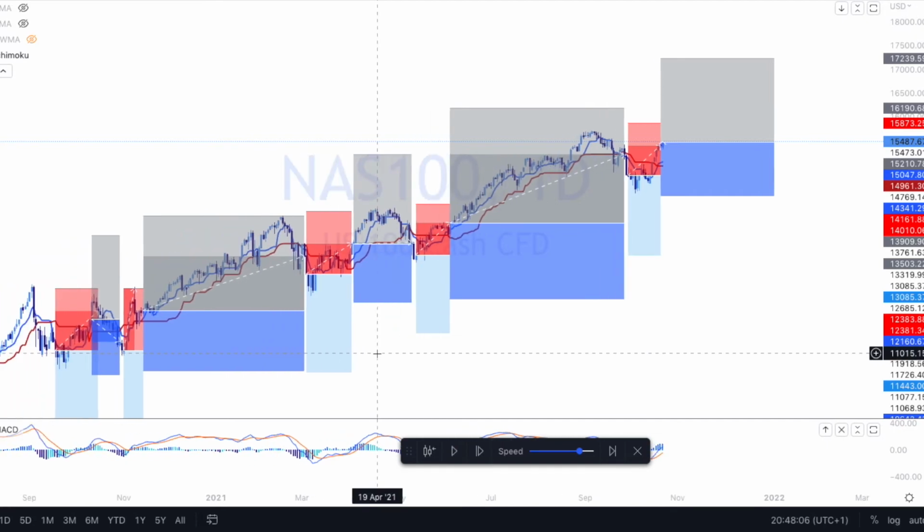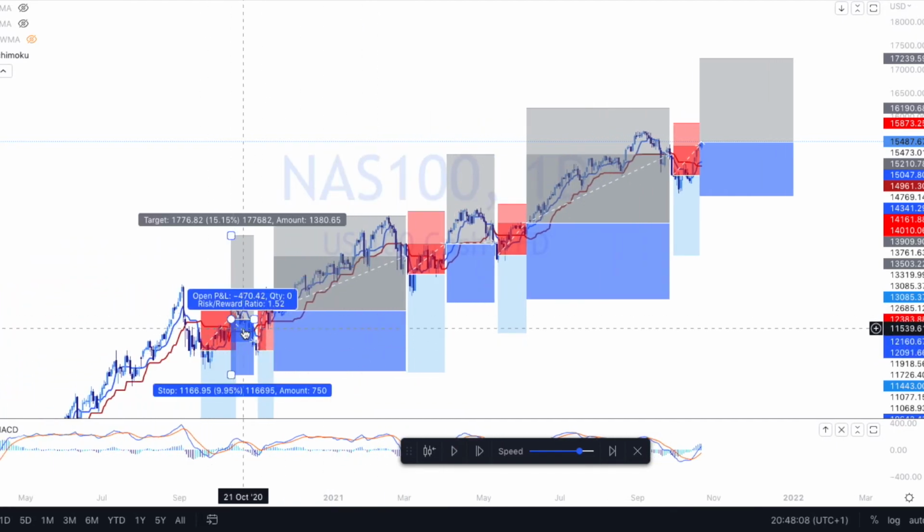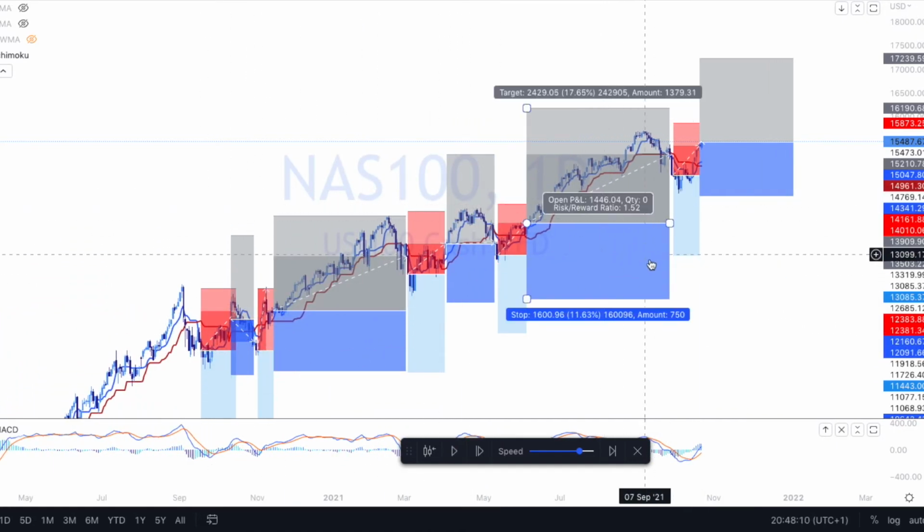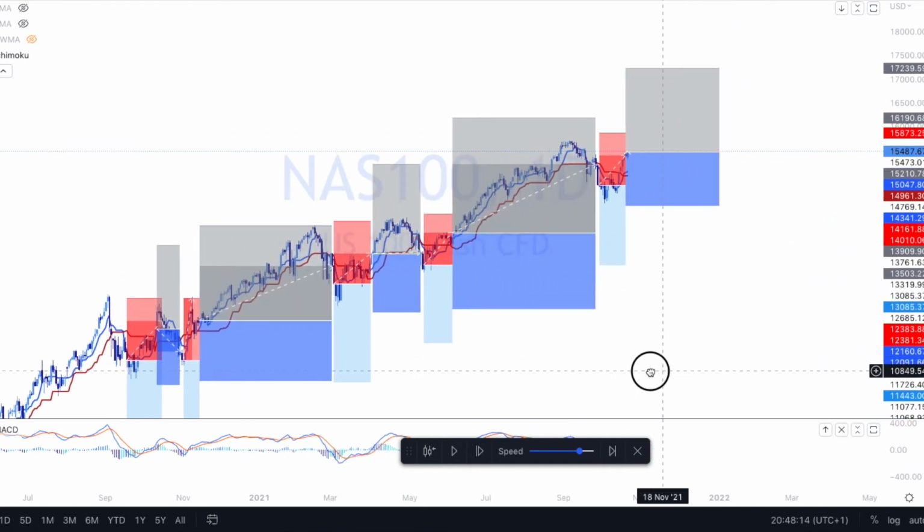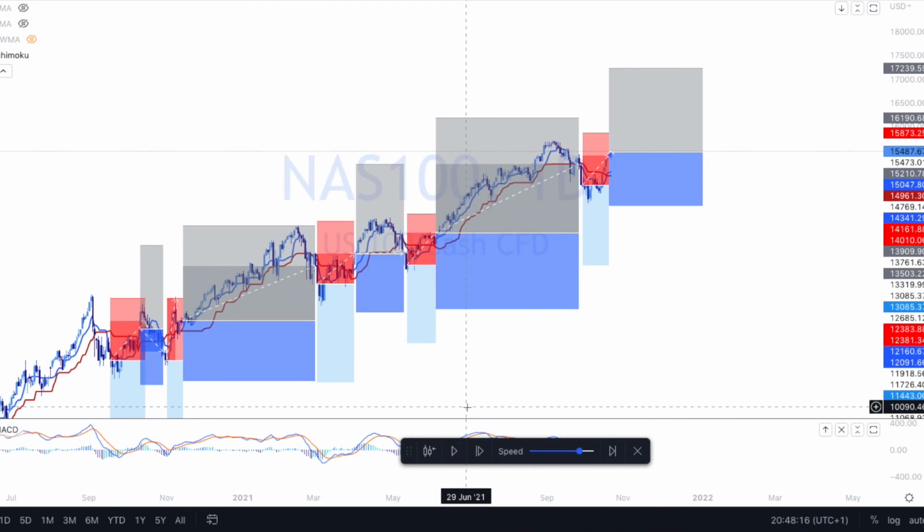So right now, our account will be negative. We've made some gains, but we're negative right now. And the next backtest I'm going to do will be using just the clouds alone, just to see how we pan out with that.